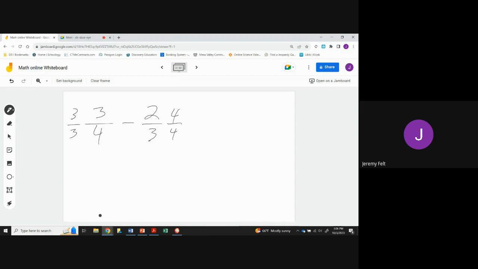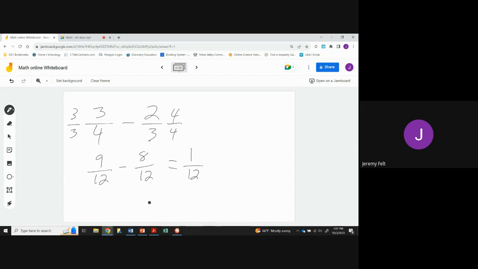We can find really any number, an infinite amount of numbers that they go into, but we want to find the least one that they have in common, because we can make a big number and cause a big numerator and denominator just to reduce it back down, which is making more work just for the sake of making more work. So 3 times 3 gives me 9/12. 2 times 4, 8/12.